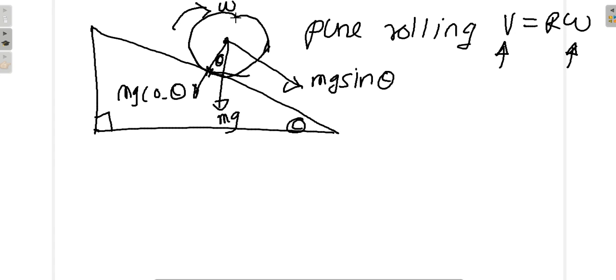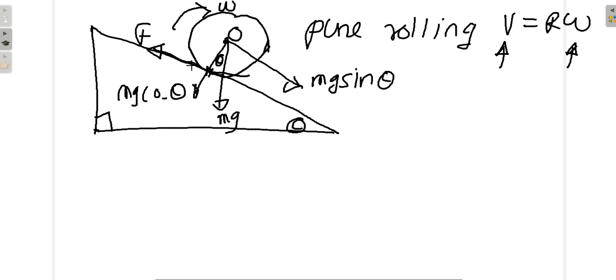In order to increase omega, I must supply a torque which is in the clockwise direction, and that is possible only when the force of friction acts like this. This mg sin theta cannot produce a torque about center of mass because it is acting at center of mass, but a force of friction acting in this direction will produce a clockwise torque at the center. It will help increase the value of omega. So the force of friction is going to act in this direction. So this is the condition when the body is rolling down.